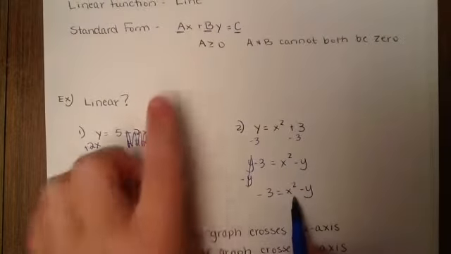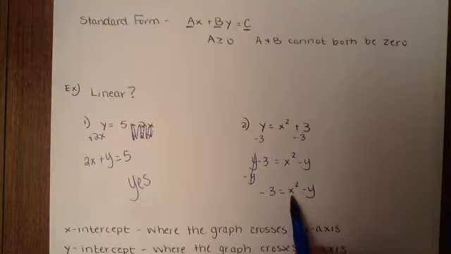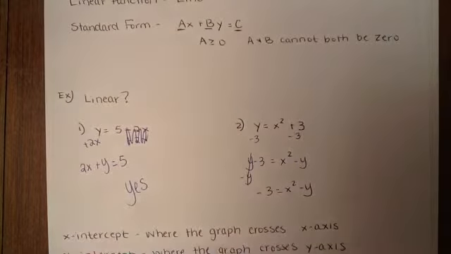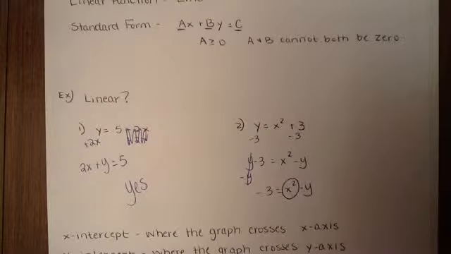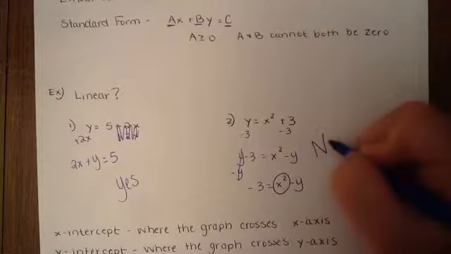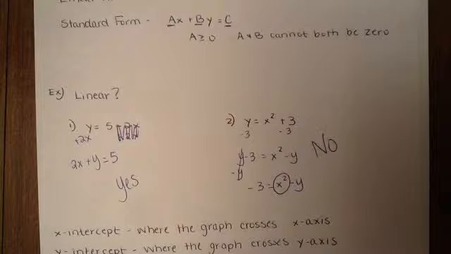Does this look like our standard form? It looks really close, but what do you see that's wrong with this that up here does not have? Right, an x squared. So because it has that exponent, can this be linear? No. I can't have any squareds in my linear equation, so this one is not linear.